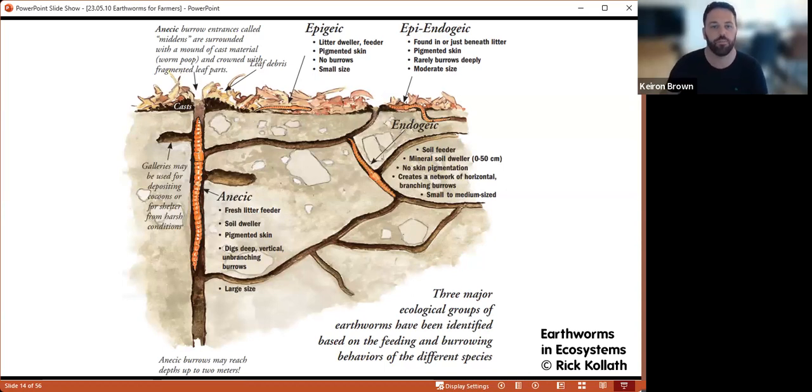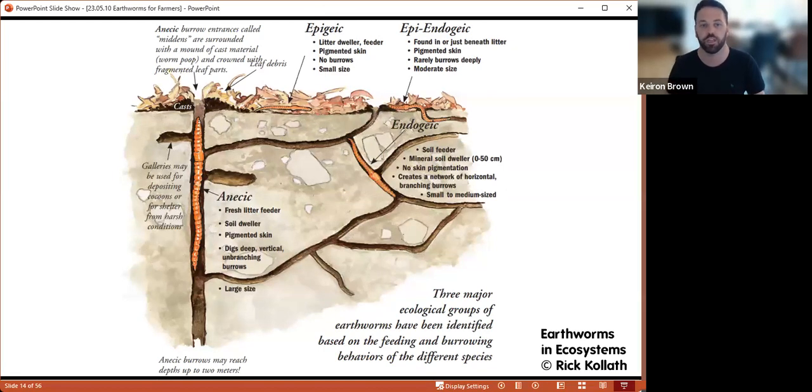So on this diagram here, the 3 that I'm going to talk about are the epigeic, which you can see in the top there, the endogeic, which you can see in the top layer of the soil, and these big ones here, the anecic. So the important thing here is that they're not all found in the same place.